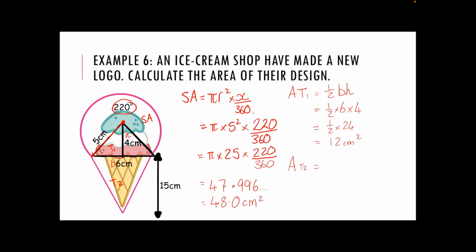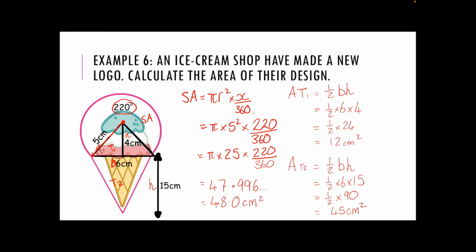For triangle 2 then, still the same formula, a half of the base times by the height. My triangle 2 has the same base, so that's 6, but our new height is 15. So that's going to be a half of 90, which is 45 centimetres squared there.